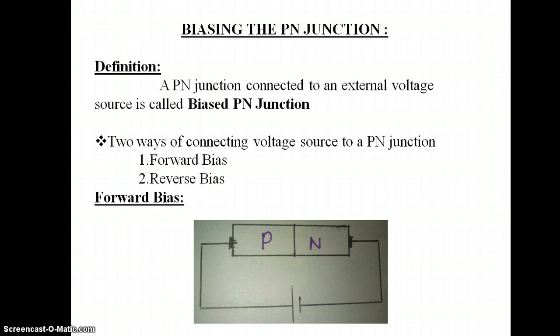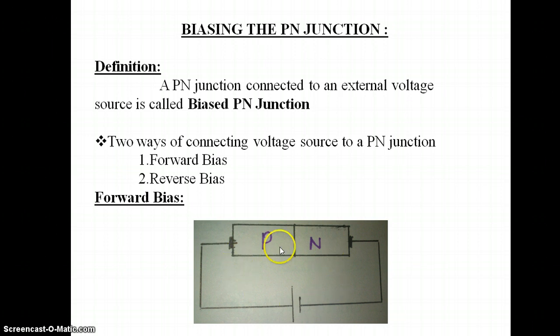pass through the device. Here we have two ways of connecting the voltage source to a PN junction. The first method is forward bias and the second method is reverse bias. Forward biasing means the positive terminal of the voltage source is connected to the P side and the negative terminal is connected to the N side.